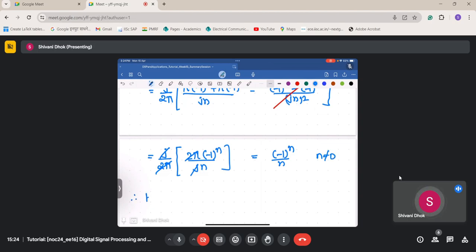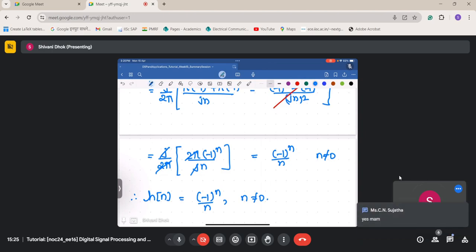So therefore this h of n is equal to minus 1 to the power n upon n for n not equal to 0. This is the answer which you were given in your options. Is this clear? Okay, great.